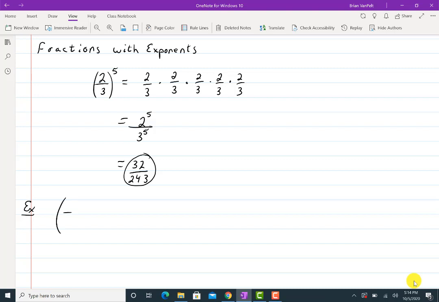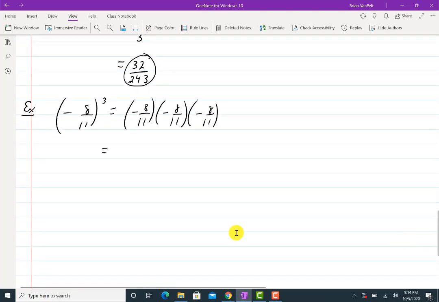Let's do -8 over 11 to the 3rd power. It's not a bad idea when you're dealing with negative numbers to put them in parentheses so that you don't forget about them. Let's first handle the negative. When I go across here, a negative times a negative is positive, but a positive times a negative is negative.